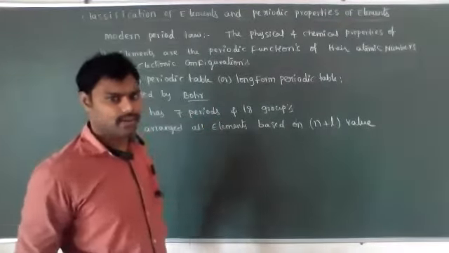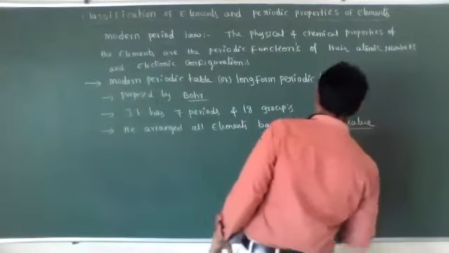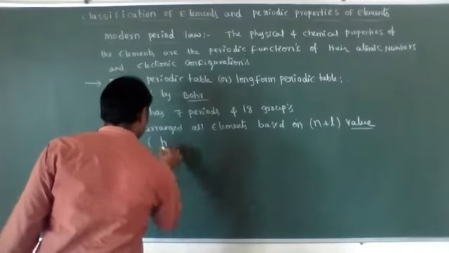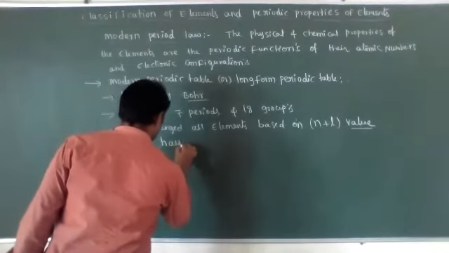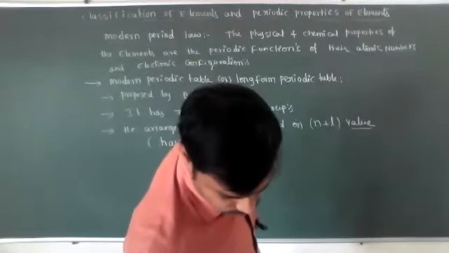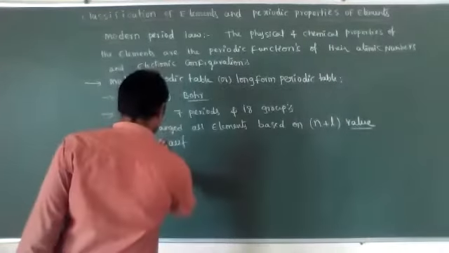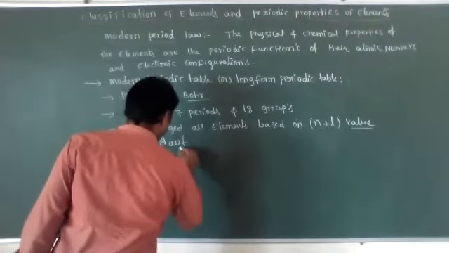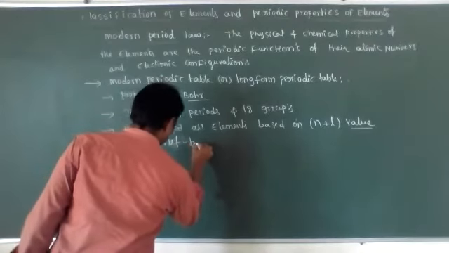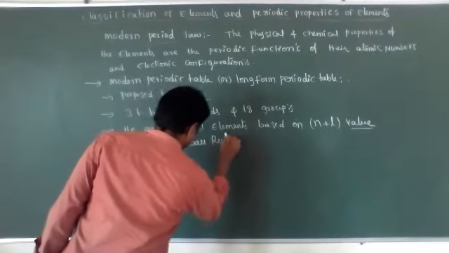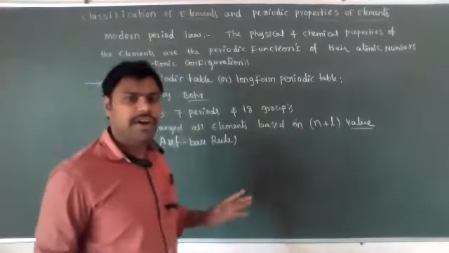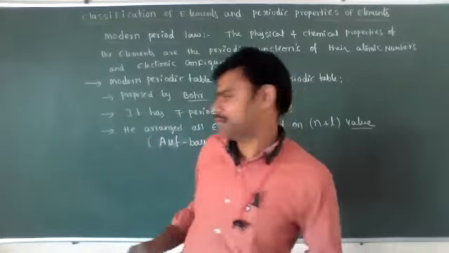The n plus l value is nothing but the Aufbau rule. So this modern periodic table is the graphical representation of the Aufbau principle.